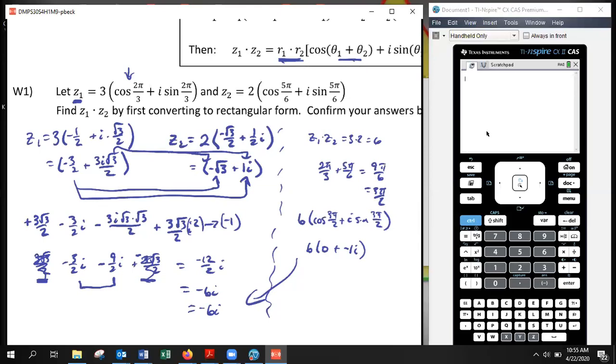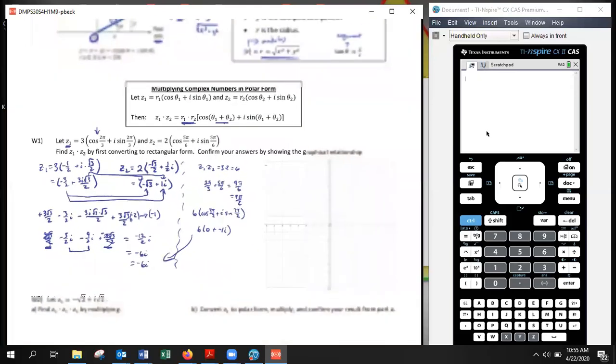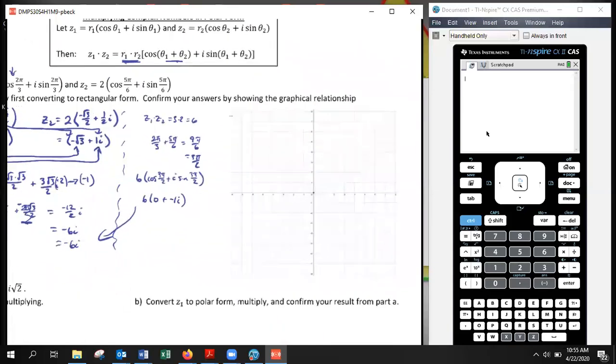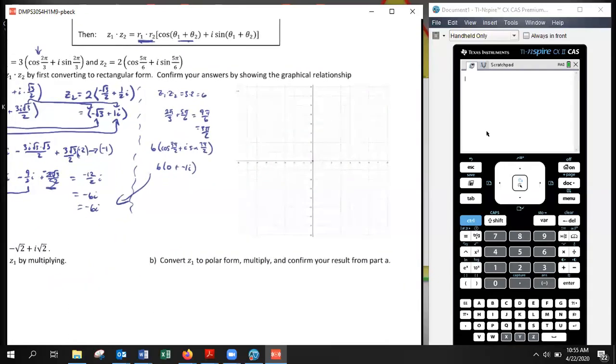So let's finish up. And if you notice, I had a few technical difficulties. I couldn't move my screen for whatever reason. So let's actually show this. The angle of 2 pi over 3, we do know right here. So this was my z1. z2 ended up being cosine of 5 pi over 6.